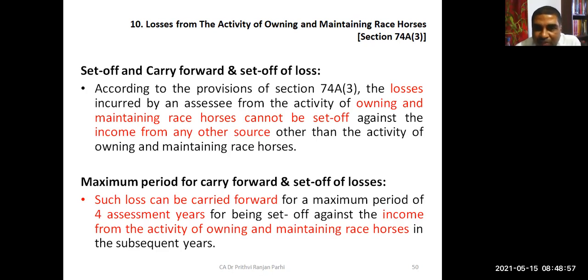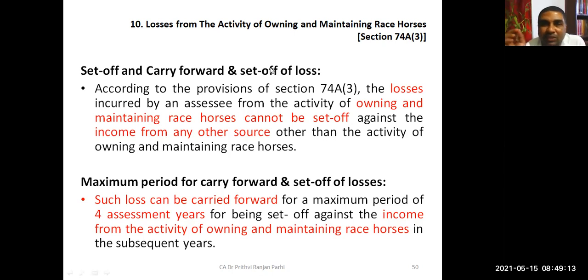Such loss can be carried forward for a maximum period of 4 assessment years, to be set off against the income from the activity of owning and maintaining resources. That was the last concept we were discussing in our previous classes.